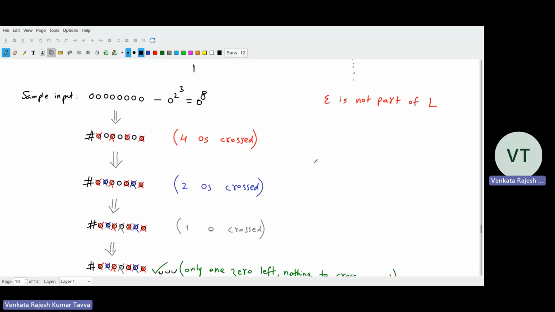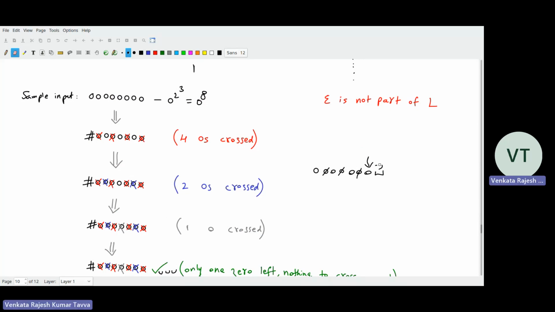Like here I showed, suppose I have 7 zeros. I crossed this, I crossed this, I crossed this. Now I didn't cross this. And then I see a blank, which means I have odd number of zeros in this iteration, I will reject it. Okay, which means if I am in odd state and then I see a blank, I should reject it. If I am in even state and then I see a blank, I should go left to the next iteration.